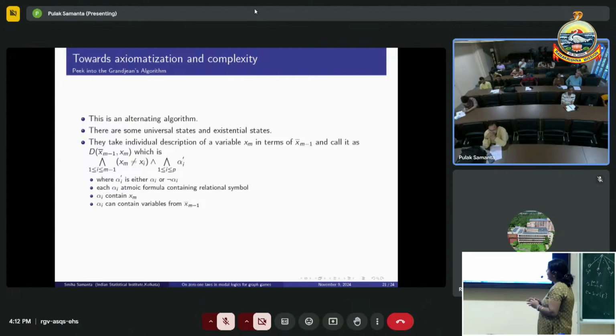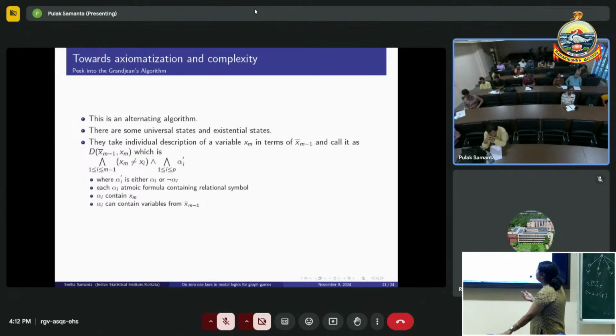In this algorithm, they describe a variable in terms of the earlier ones: for the variable xm, they take an individual description in terms of the set of variables x1 to xm minus 1.